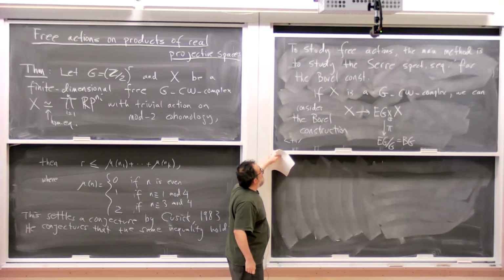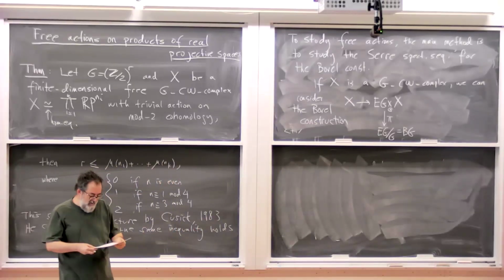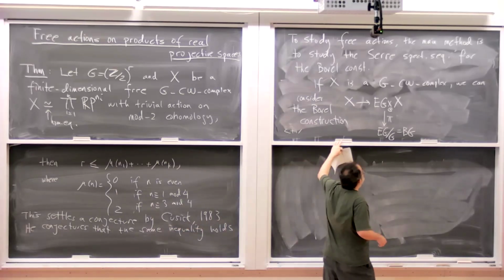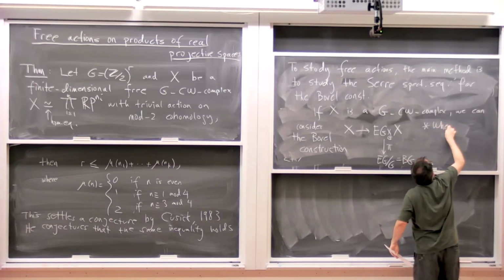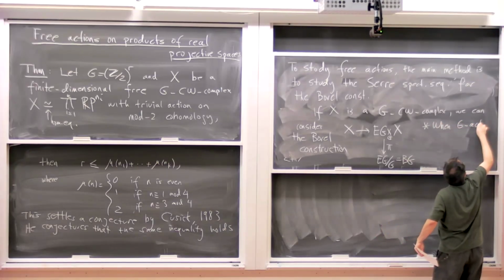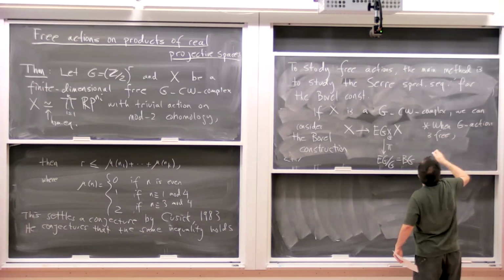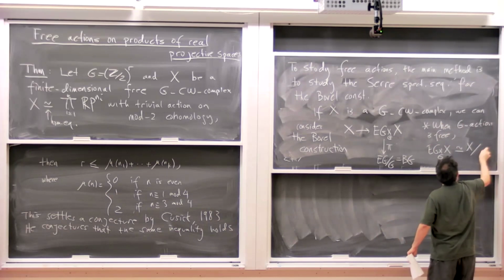Now, for every fibration, you have a Serre spectral sequence. So you can look at the Serre spectral sequence for this. But the key thing is that when the action is free, you can say that the total space is actually homotopy equivalent to the orbit space.